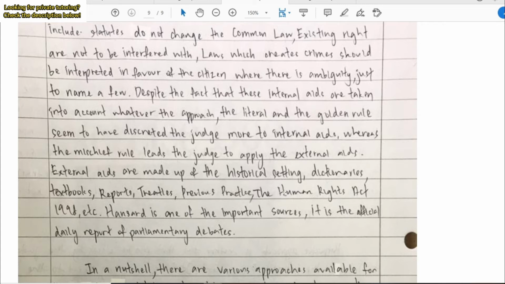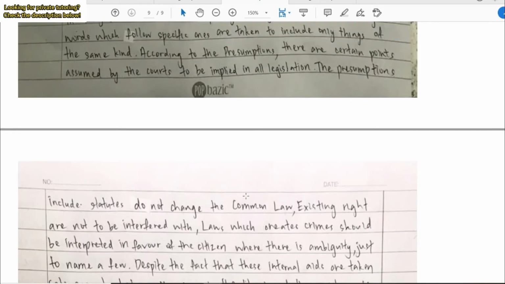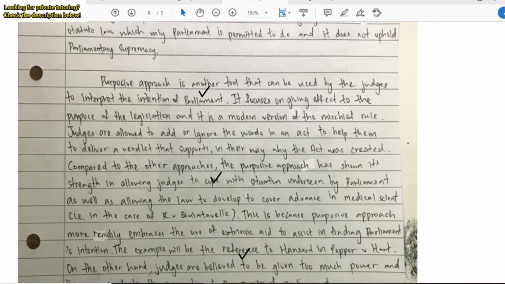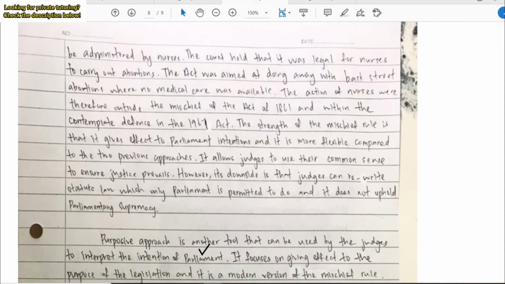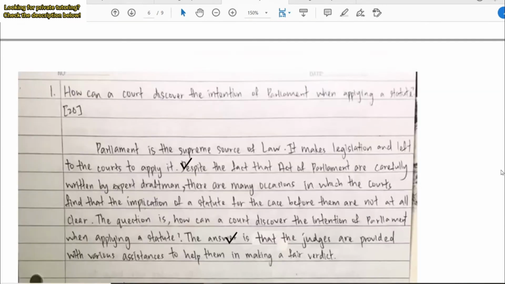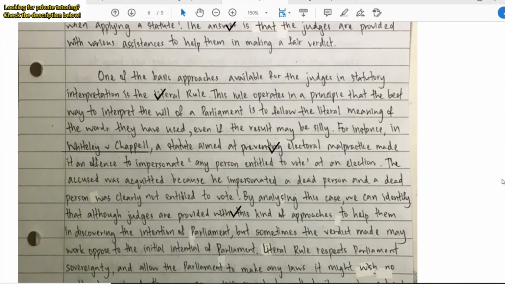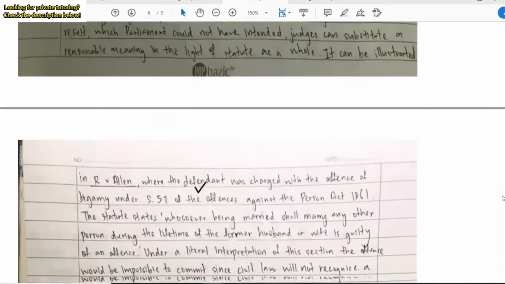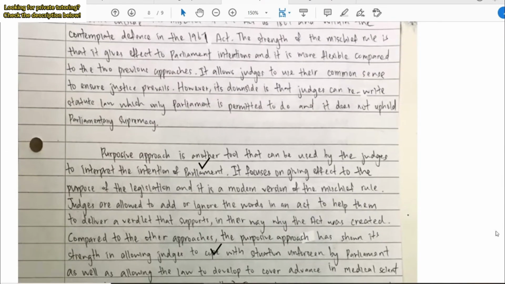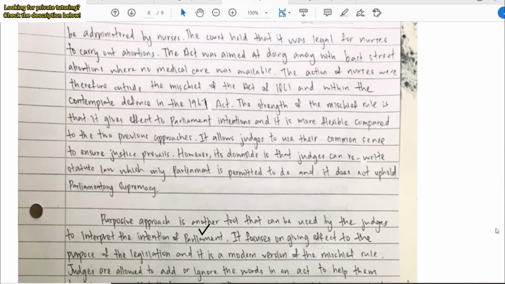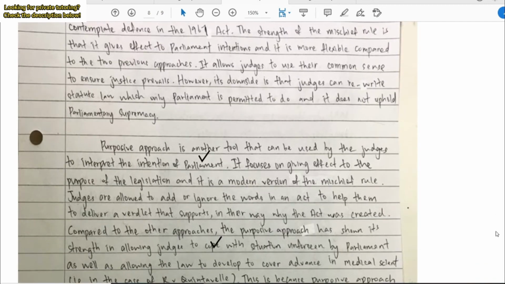But you actually need to give much more emphasis on this part than the rest. The question is about the intention of Parliament, the purposive approach. But your whole essay, from here, is about three pages worth of the literal approach.